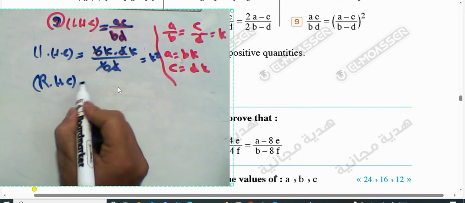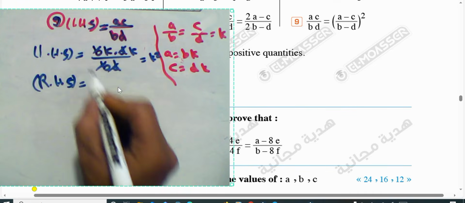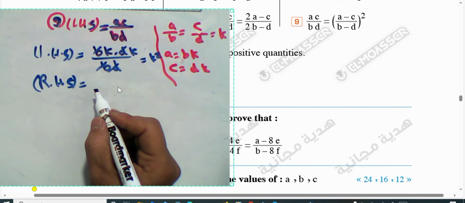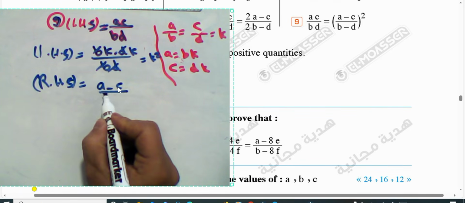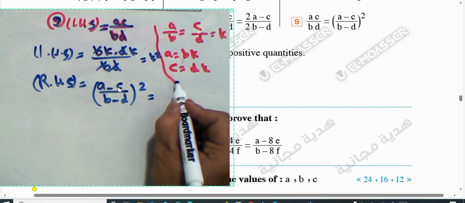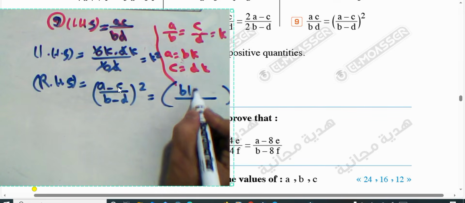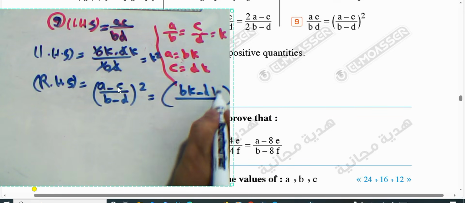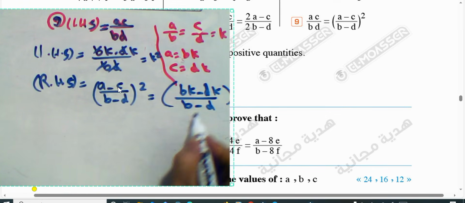And right hand side, okay, right hand side was a minus c over b minus d all power 2. We have the value of a was bk, subtract by c was dk, over b, subtract by d.